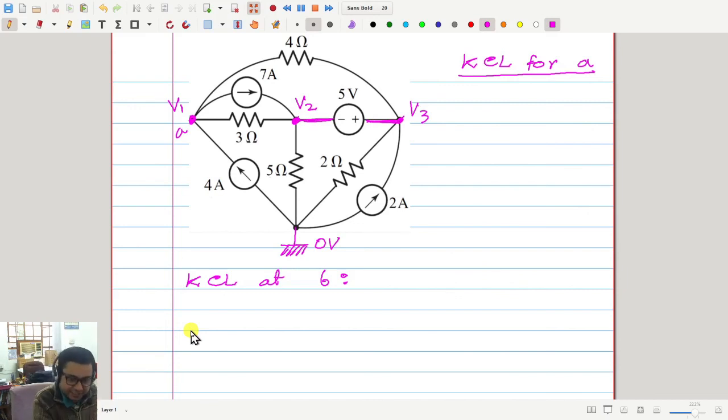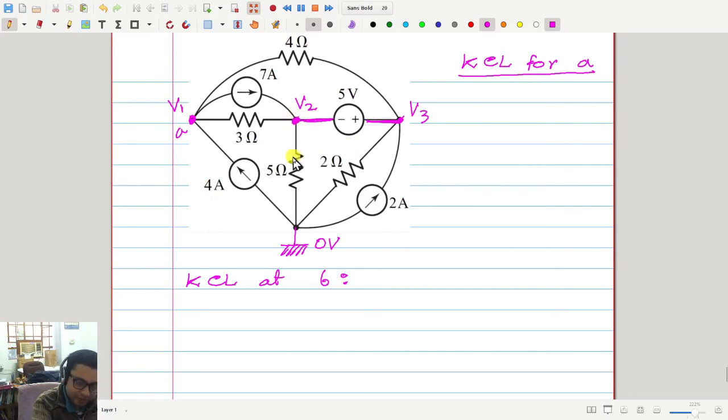Excellent. In this case, actually, I have chosen this particular problem to show what you are asking. Good. So let me proceed. Let me start to write the KCL at node B.